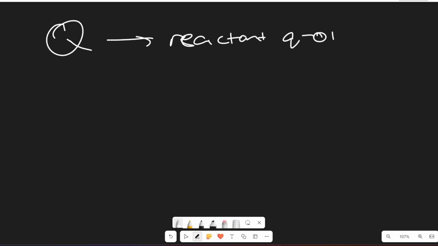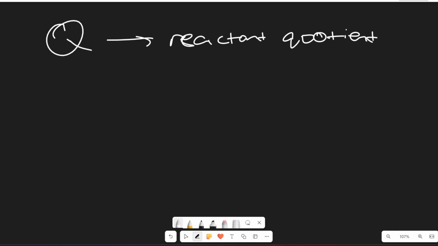So another type of equilibrium expression is Q, which is known as the reaction quotient. And essentially we use Q when we are not at equilibrium and we're just given the concentrations or pressures of our species, which are either in the gas or aqueous form.